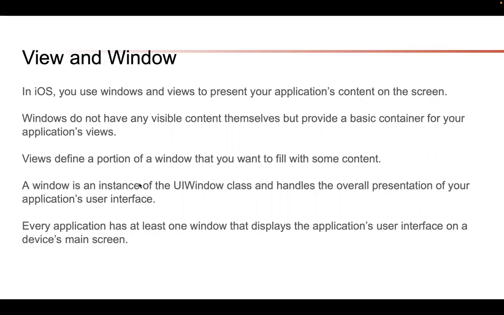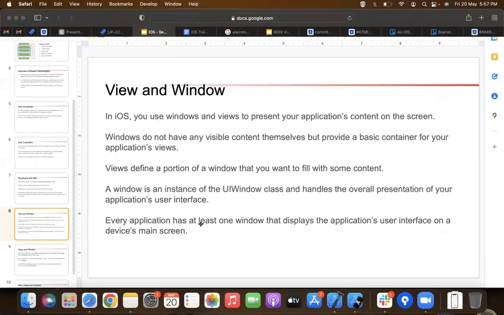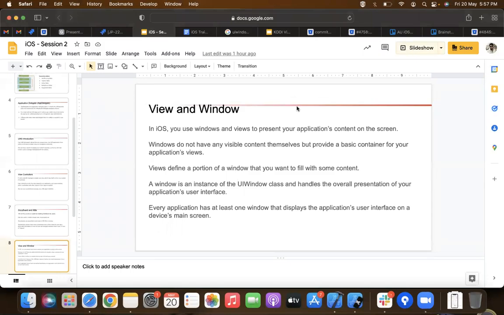Window is the instance of UI window. UI window is the superclass of window. If you are creating a window programmatically, you'll be creating it using this UI window class. Every application should have, as I said, at least one window which displays the contents and allows the user to interact with it.